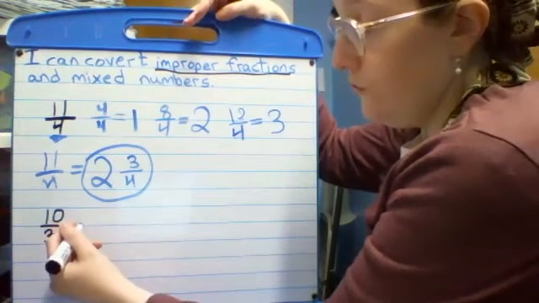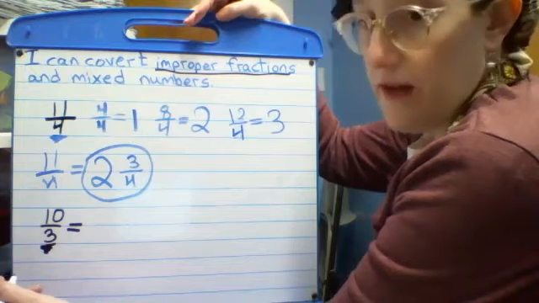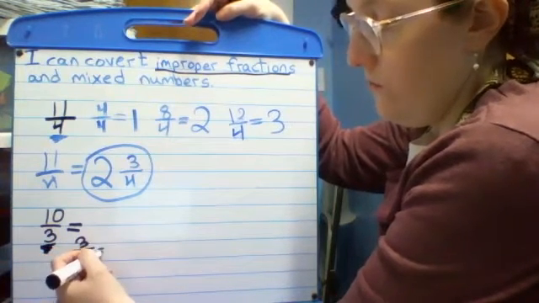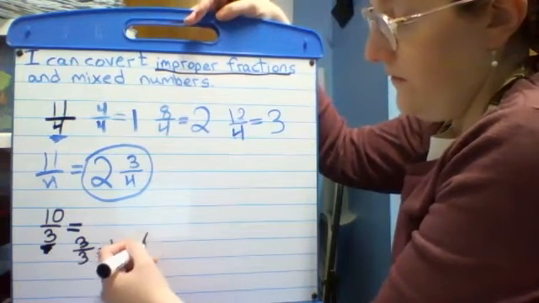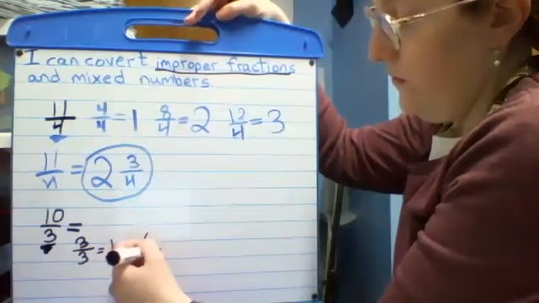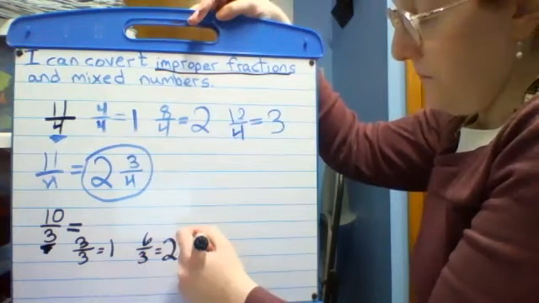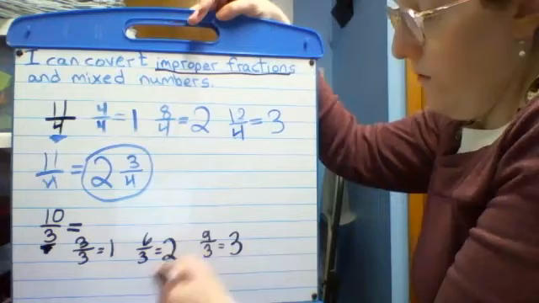So what you should have been thinking is, okay, 3 is my denominator. That means 3 thirds would be 1 whole. And 6 thirds would be 2 wholes. And 9 thirds would be 3 wholes.